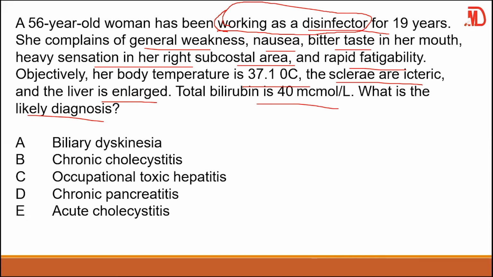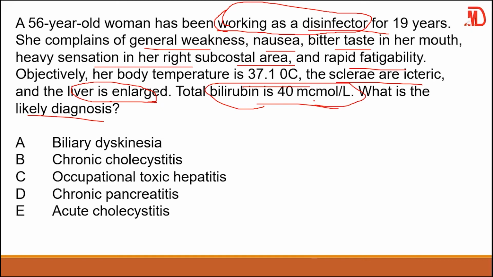She has been working for 19 good years as a disinfector, and now there's a problem with the liver. The liver is enlarged and bilirubin level is 40. So definitely there's a problem with the liver, perhaps due to the kind of work she does.